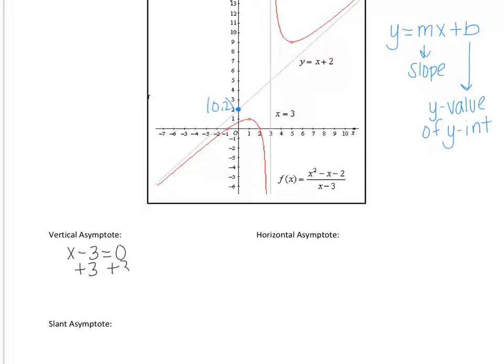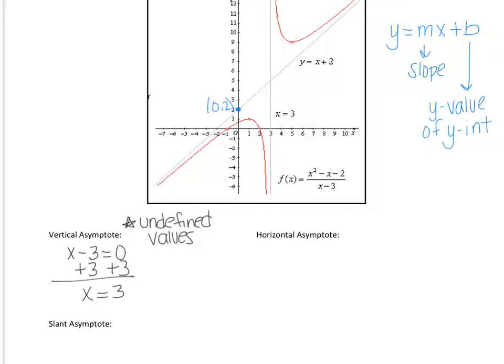We add 3 on both sides. So the vertical asymptote is, in fact, x equals 3, which we got here. If you want to write down the steps again, a vertical asymptote is the undefined values, and the way we find those is by setting the denominator equal to 0.